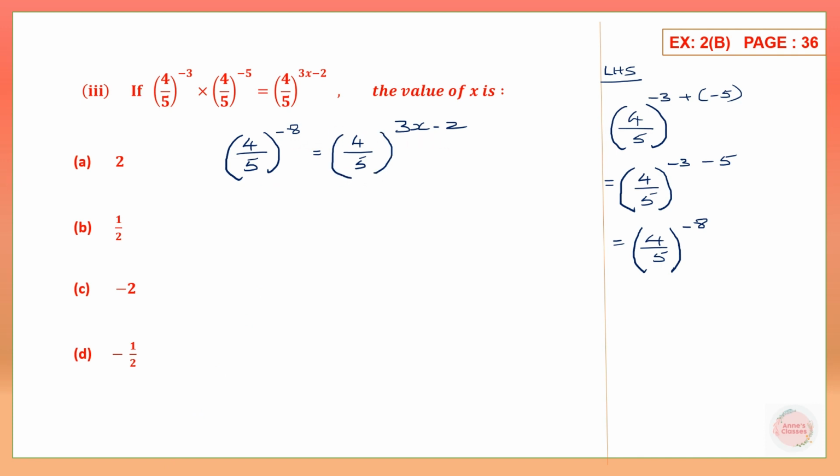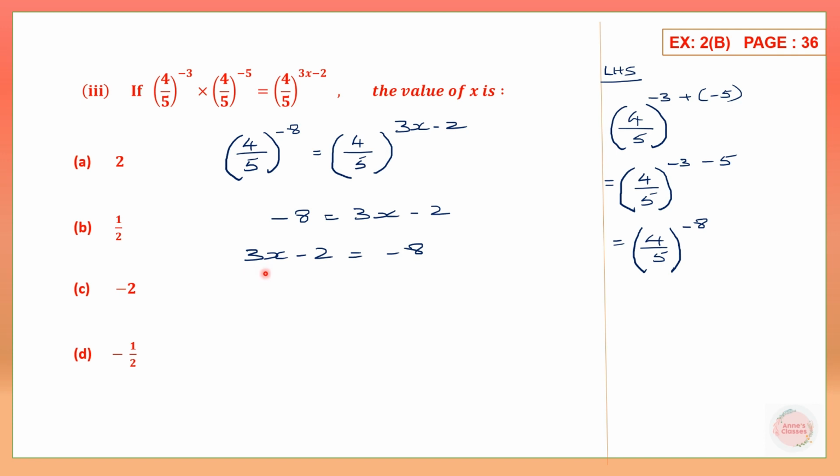So I can take the power here, -8, and say that this is equal to 3x - 2. What I'm going to do is interchange. I'm going to take 3x - 2 and write it here, and put -8 on the other side. This is only to make my work easier. Generally, when we put the unknown quantity on the left hand side, it's easier. There's no rule. You can work it out like this also, but when you put it on the left hand side, your work becomes easier.